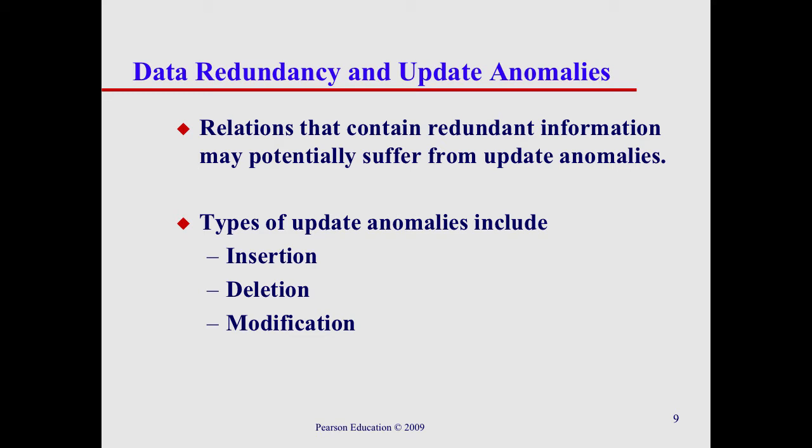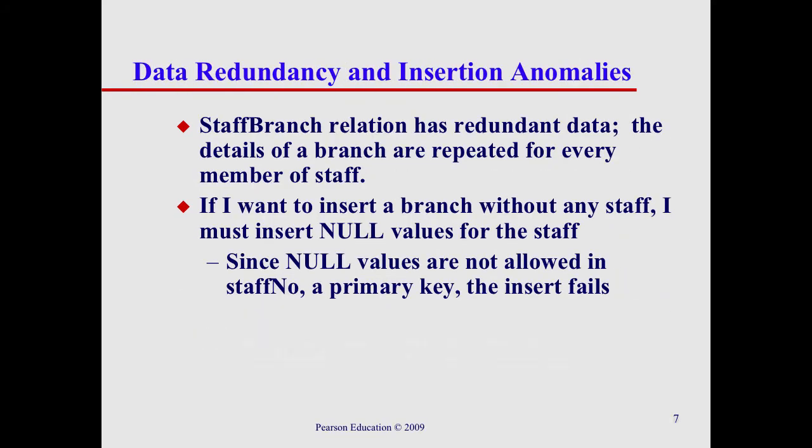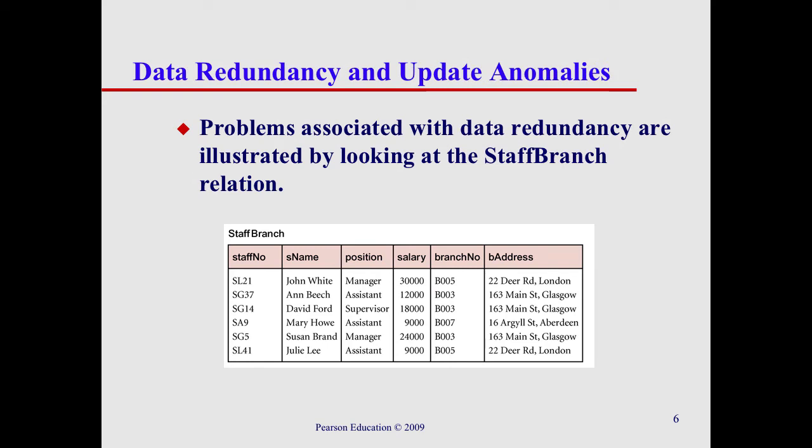And sometimes those relationships are going to get moved off into a separate relation. Sometimes the update anomalies will disappear when you separate the entities into separate relations. In this case, if we simply separate the staff and the branch relations, we'll eliminate the update anomaly as well.